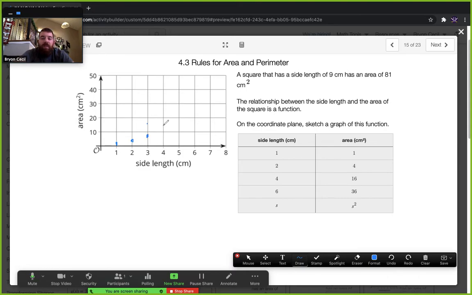Okay, and then at 4, we jump up to 16. 6, we jump clear up to 36. We know that 5, we're at 25, because 5 times 5. And 7, we're at 49. Okay, so that would be our graph. And so what you're going to see is you start at 0 and it goes off slow. And then with this being squaring each one, it is going to be exponential in that growth.